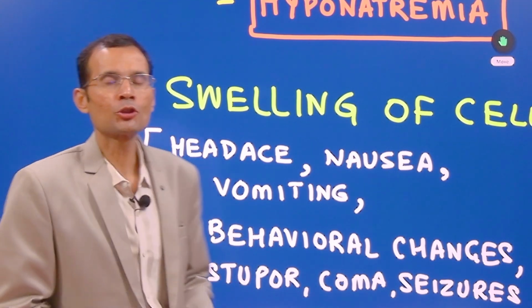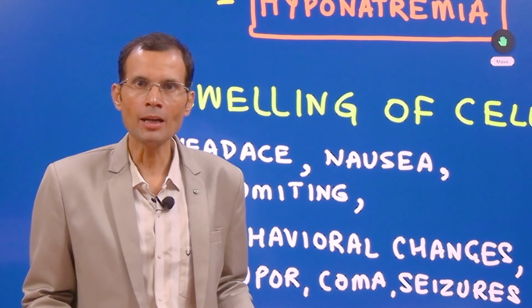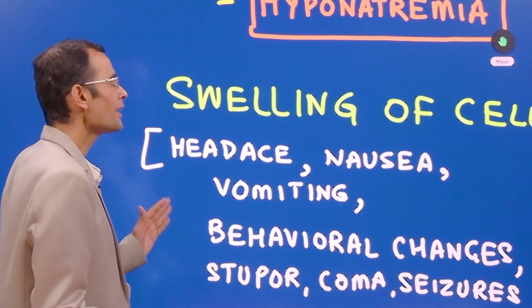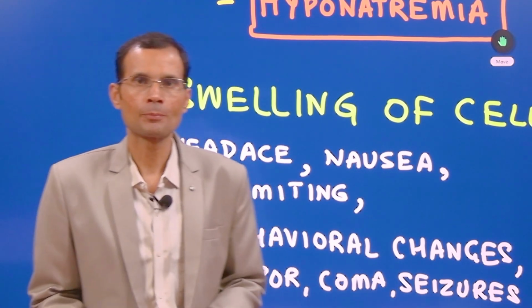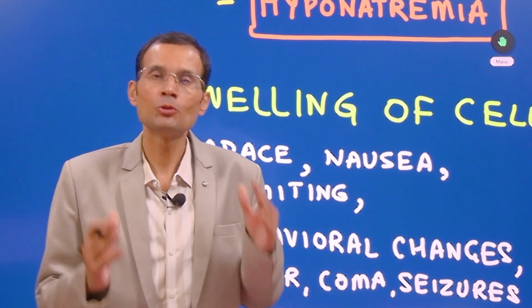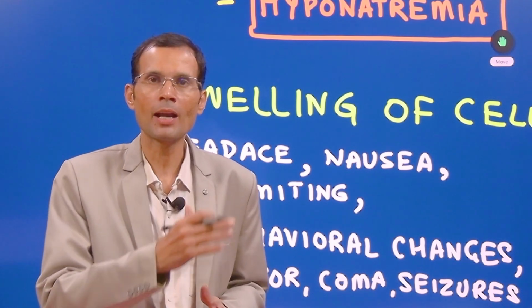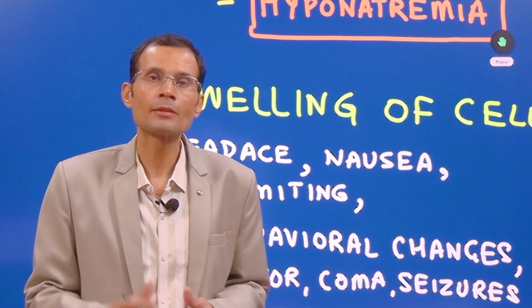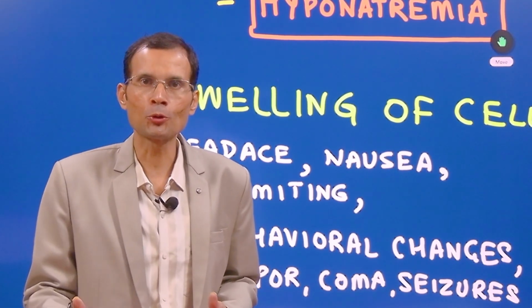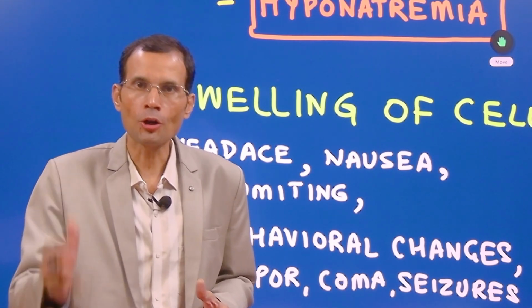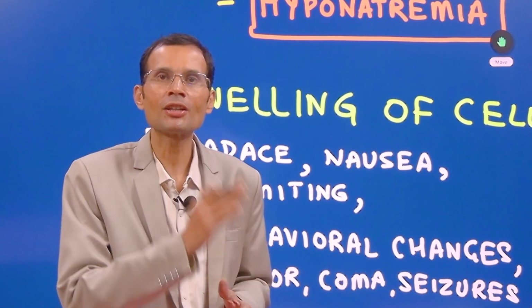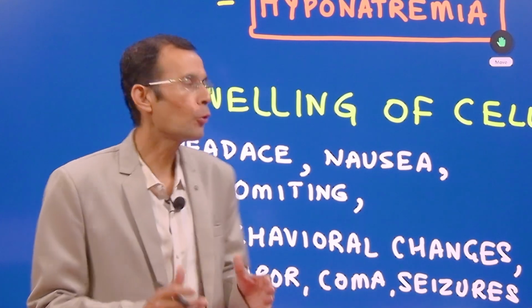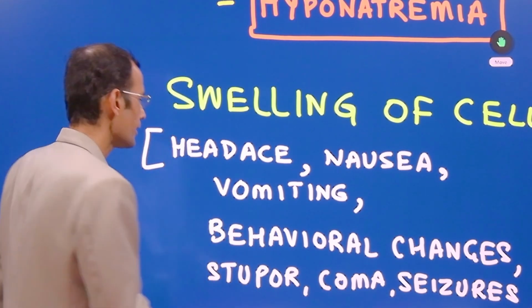What happens as a result of hypotonic plasma is that there is swelling of the cells. We already know that if the circulating plasma around the cells is hypotonic, water from the plasma will enter the cells and therefore there will be swelling of cells.